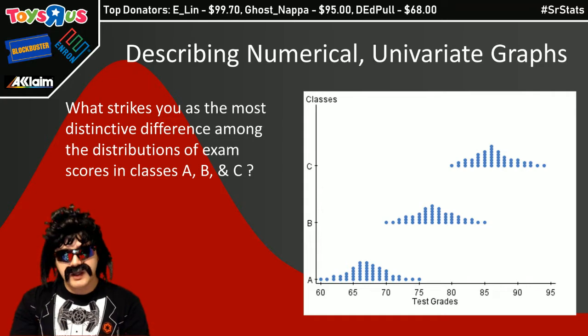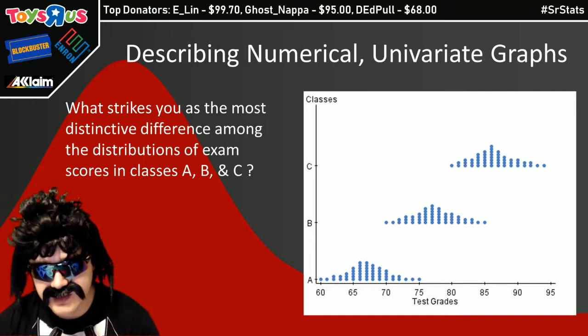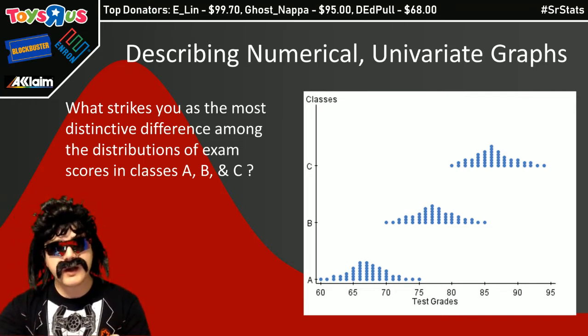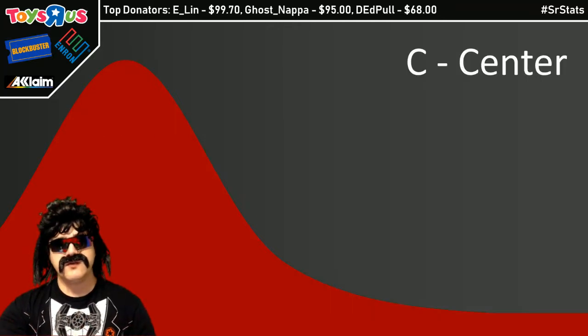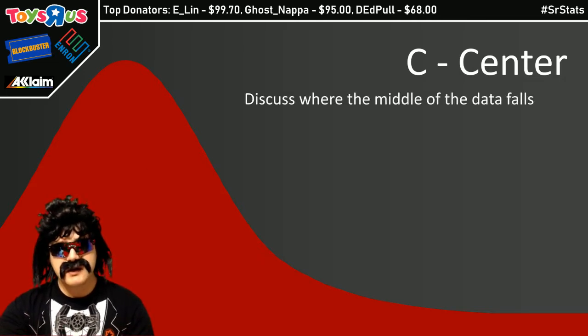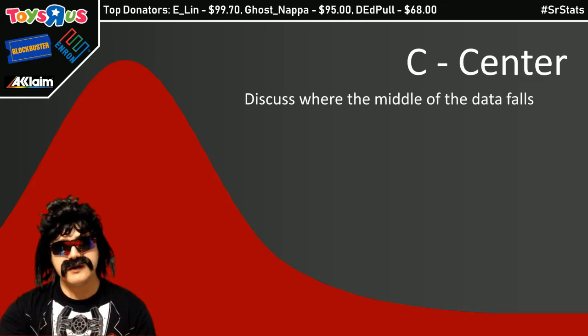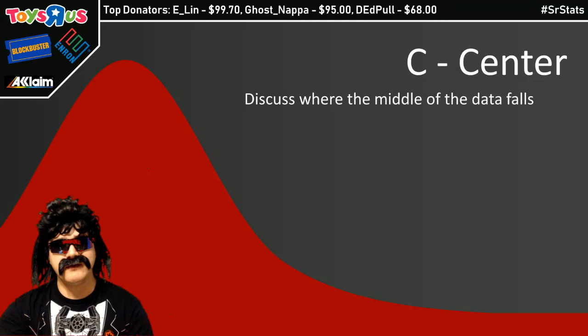B is up to about 77, and then C is up to about 87. So really what's pointing out to me in this picture is where the center is. With the center, we're talking about where the middle of the data falls.